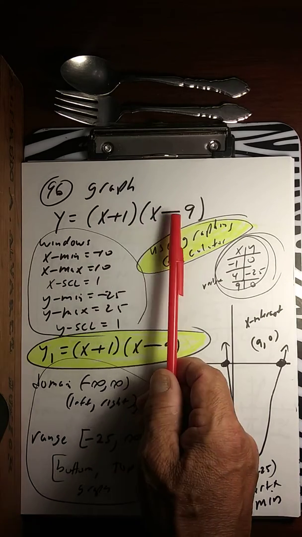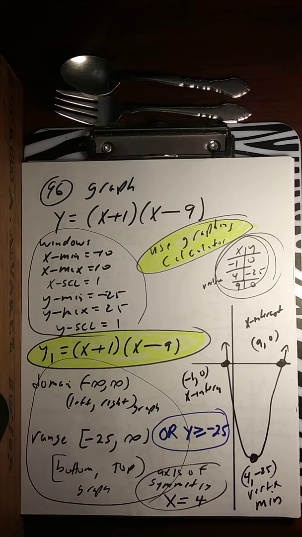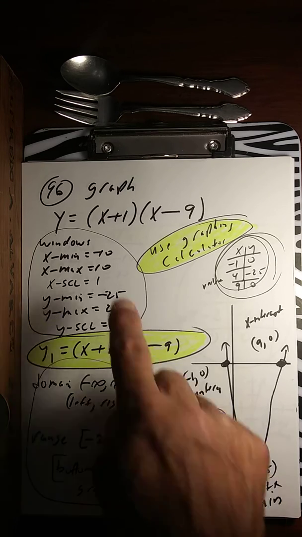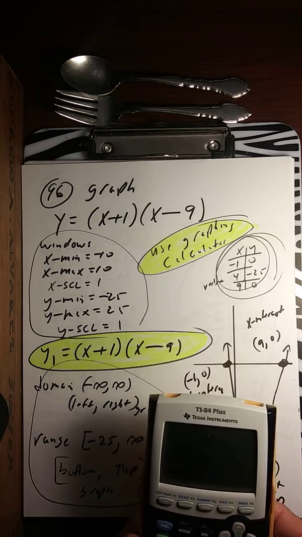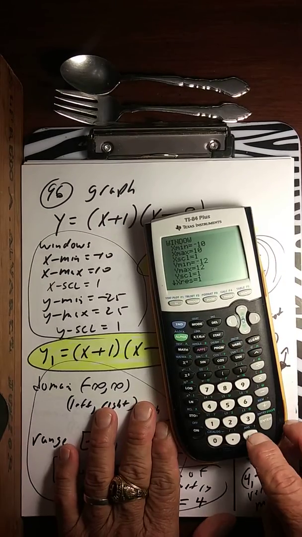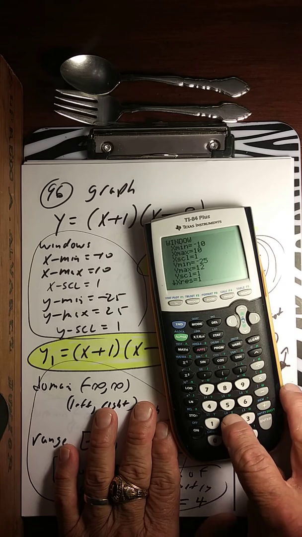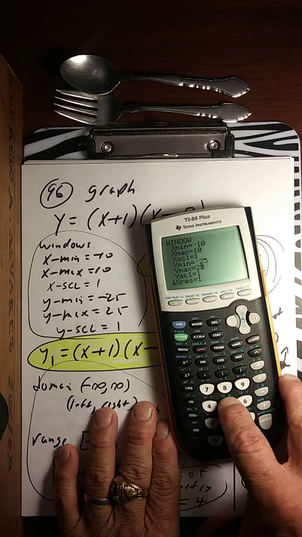Let's graph this. y equals (x plus 1)(x minus 9). So you just put it in a calculator. Let's just do that. First, let's do the windows. The windows are negative 10 and 10, and negative 25 and 25.